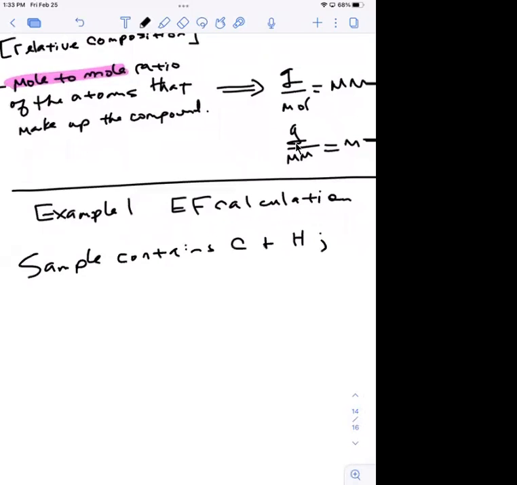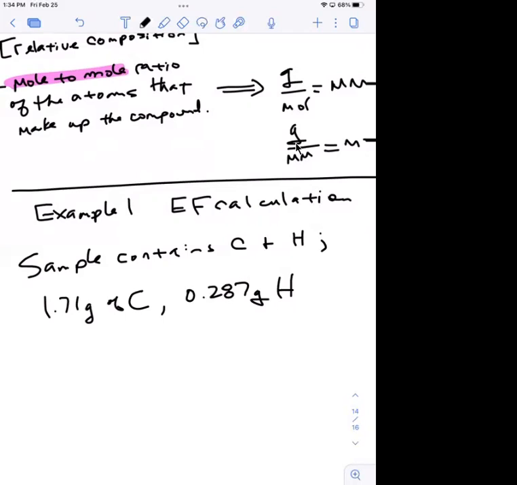The carbon that's present is 1.71 grams, and hydrogen is 0.287 grams of hydrogen. If we have the masses of each of the elements, we can figure out the moles.